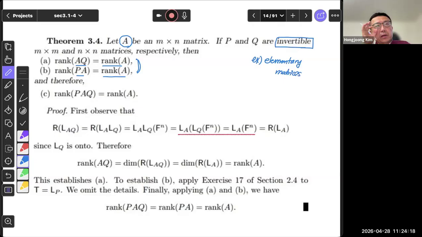So let me combine these two. Given a matrix A, if I multiply an elementary matrix from the left or from the right, the rank is not changed, right?